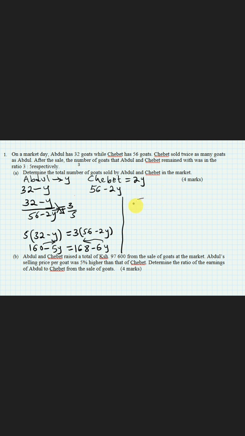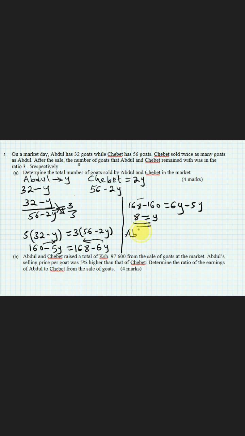So I am going to have 168 minus 160 is equal to 6Y minus 5Y. So this gives us 8 is equal to Y. Remember, we let the value of goats sold by Abdul to be Y. So this tells us that the number of goats sold by Abdul is 8.